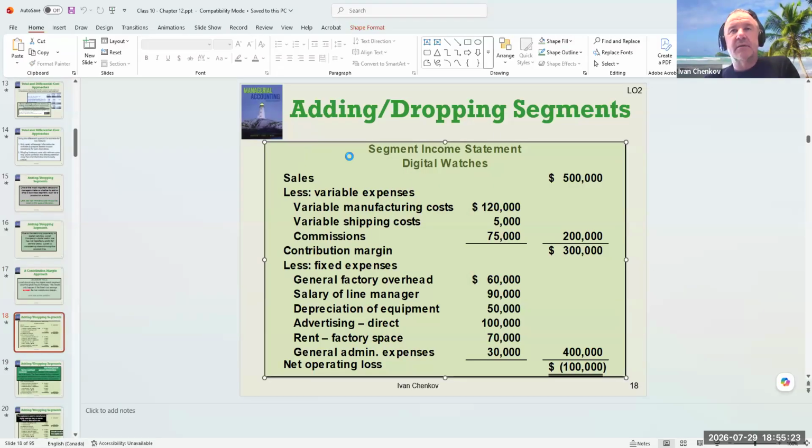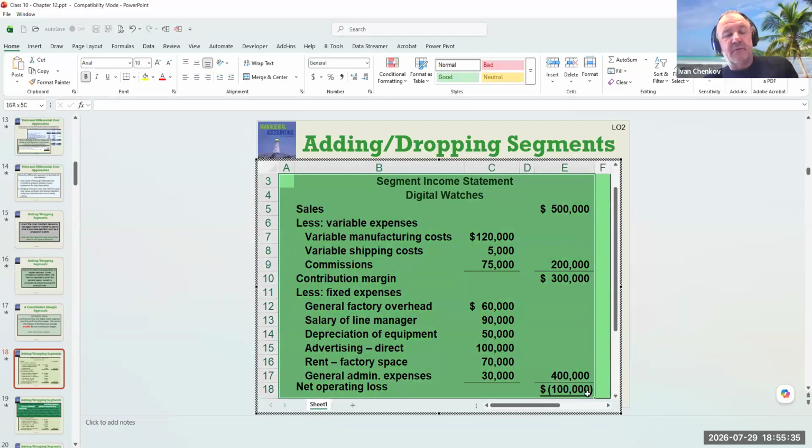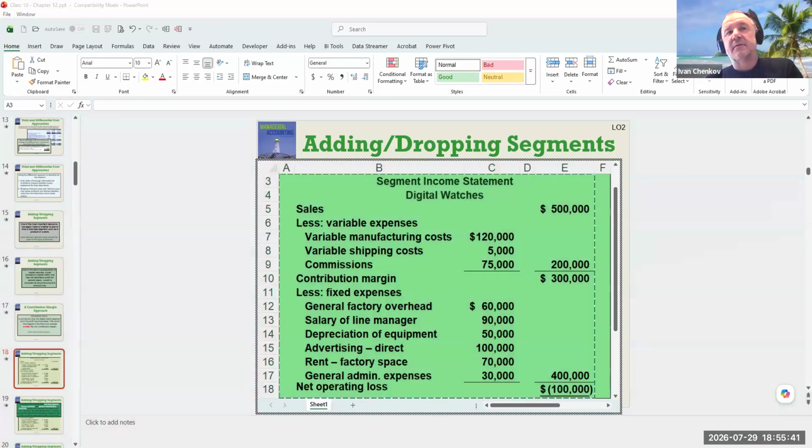What I can do is copy this entire information and move it to an Excel spreadsheet, and we can play with it. Let's see how this is going to look. Yes, I have a good outcome in the Excel spreadsheet, so let me share my Excel spreadsheet with you.